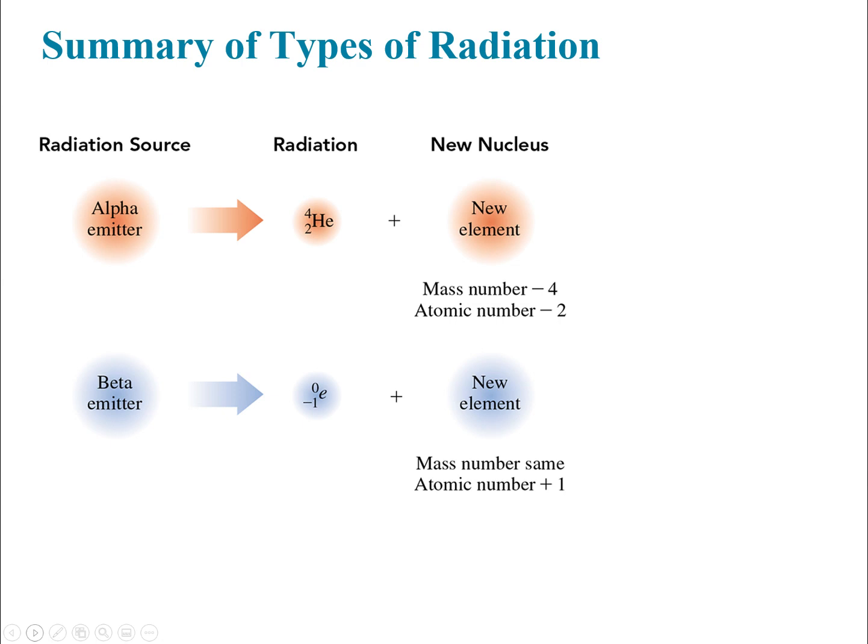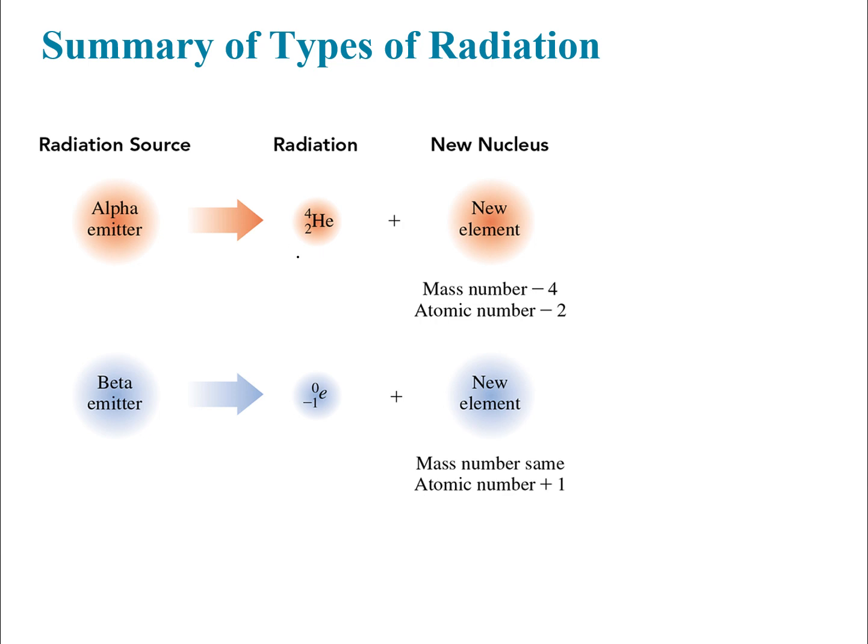So let's summarize the types of radiation. We're going to go over these two types, and then we'll do a practice on balancing nuclear equations. The first type we'll cover is an alpha emitter. That means that it's something that emits an alpha particle.